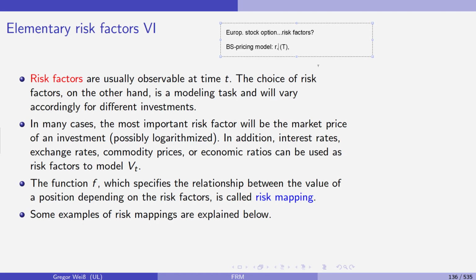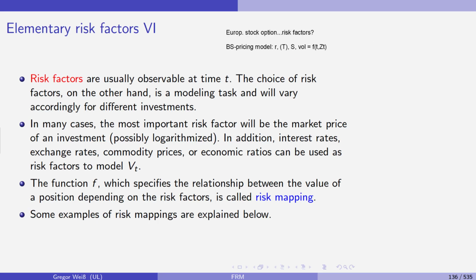But we have interest rates, maturity, current stock price, and we also need volatility. Let's call it vol. So these are the risk factors: interest rates, current stock price, volatility of the underlying stock that will influence the price, the value of the stock option. So here you have a non-trivial example where this is a function in t and zt.